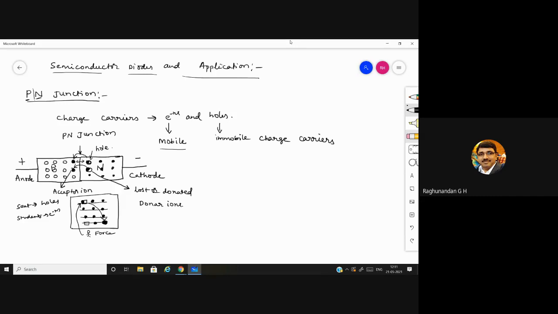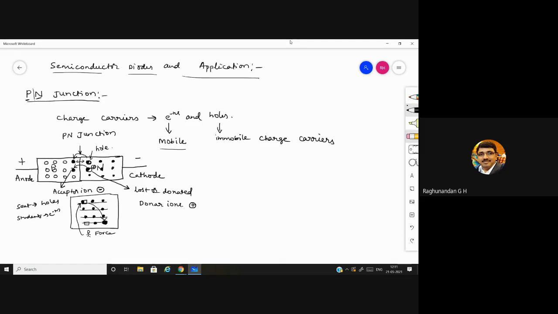So acceptor ions are indicated by this symbol and donor ions are indicated by this symbol. Wherever you mention it like this, that means this portion has lost one electron, and because of losing that electron, it has become a hole. So that is known as donor ion.